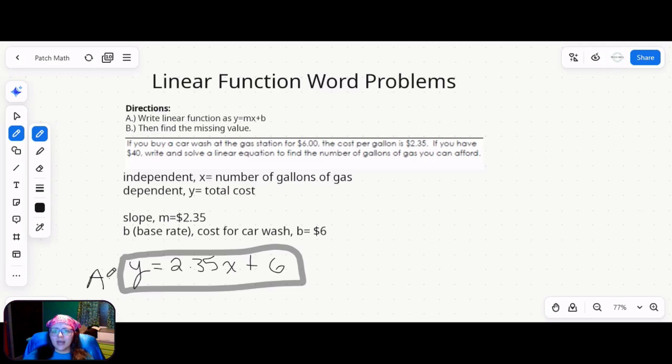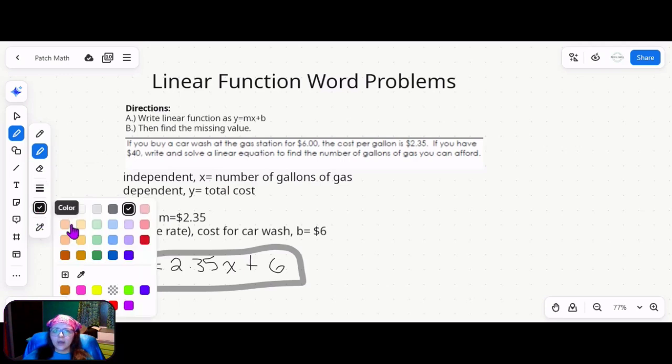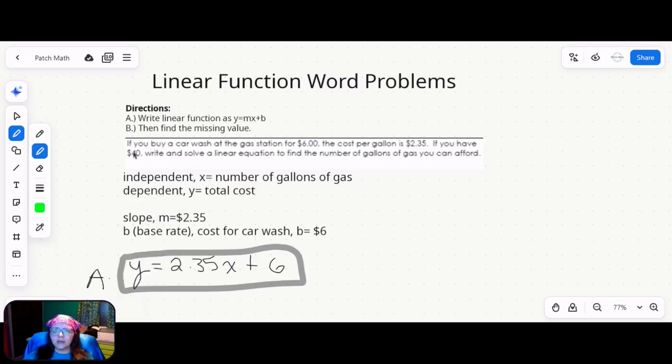Now part B asks us to find the missing value. In this scenario, it's asking us how many gallons of gas we can buy if we have $40 in our pocket. Now they are fixing your dependent variable here. And that can confuse some people because when you're first taught to learn this, you choose random x's, plug in to find the y's that go with them, and then you graph your line. But we can work backwards.